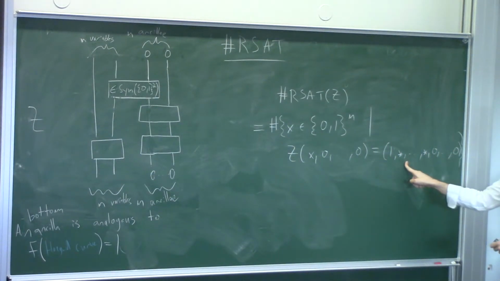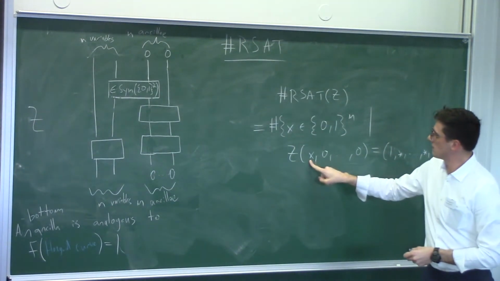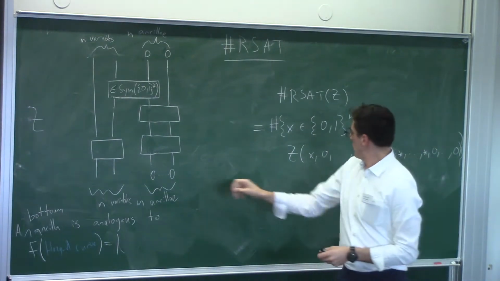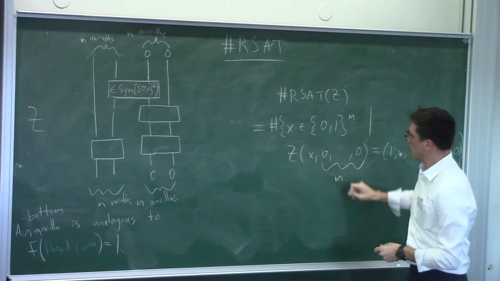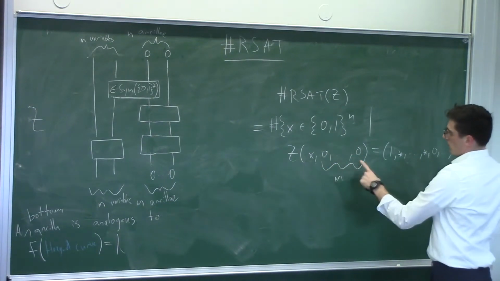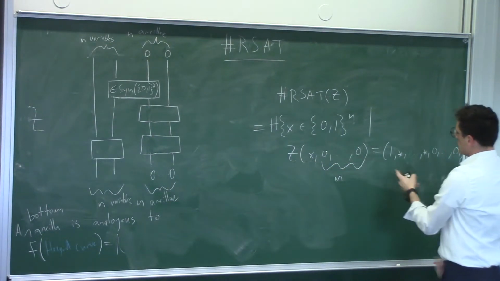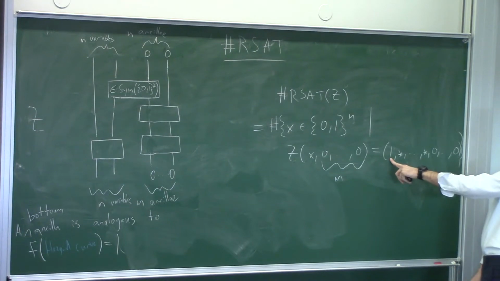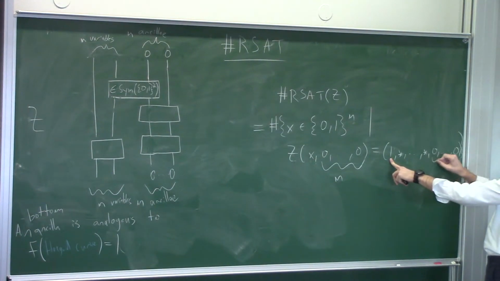That's what I have written here. So I have an input x of length n, and then you have these n ancillas. You want to know, when you apply your circuit to this input, do you get an output strand where there's a 1 in the first position? And of course, you need 0s in the last n positions.